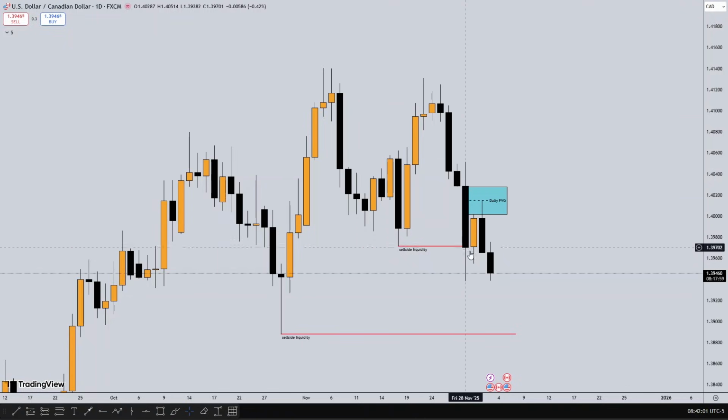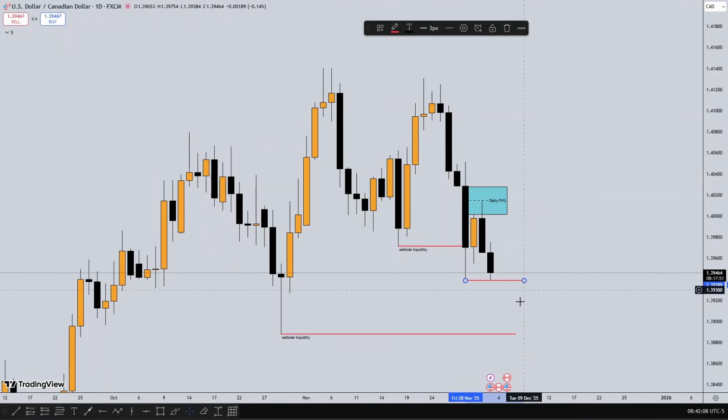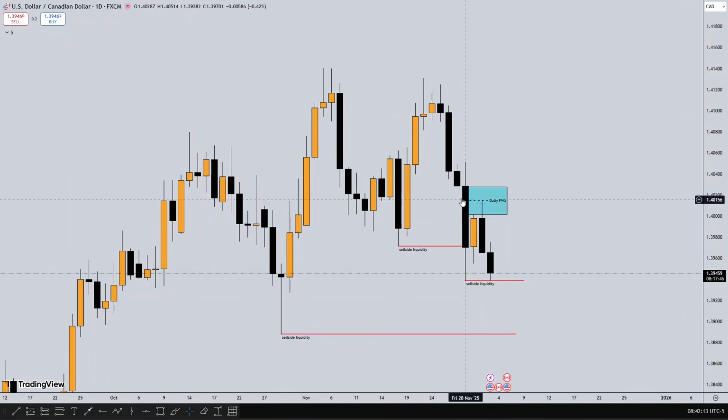Our draw on liquidity is to see price run the sell side liquidity, but the immediate draw on liquidity is the sell side liquidity which is Friday's low, this is Friday's candle. So Friday's low is the immediate draw on liquidity, while our overall draw on liquidity is to see price run the sell side liquidity, because an internal shift in a price range identifies that price is moving from a premium point of interest down to a discount point of interest.